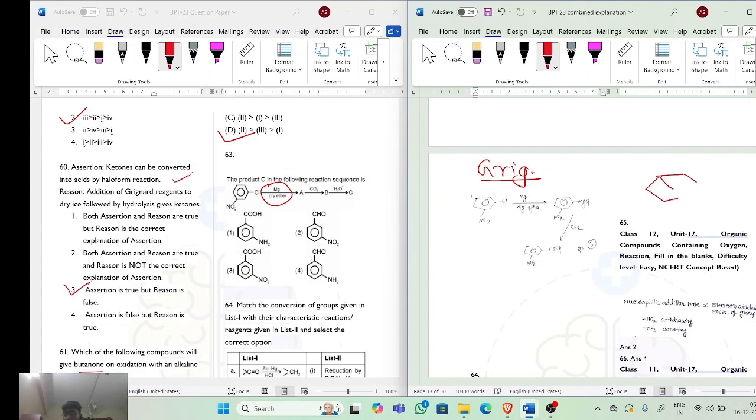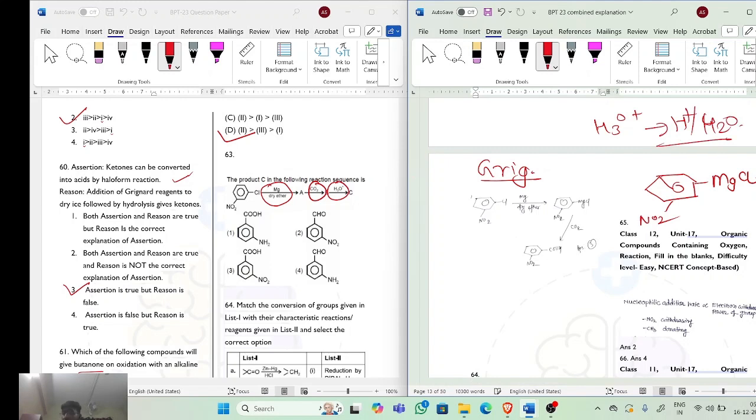Benzene, then we have NO2 on this side, then MgCl will form after the Grignard reagent. Then we are given CO2 and H3O plus. H3O plus means H plus and H2O.